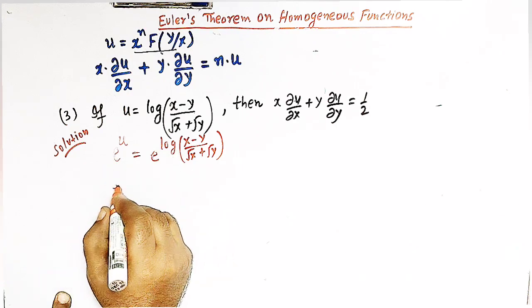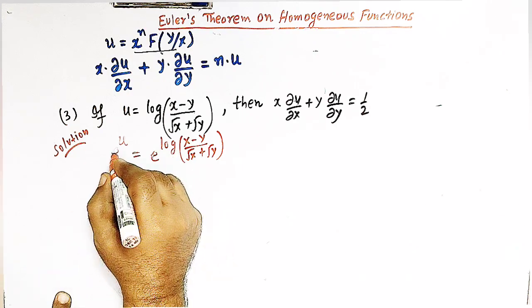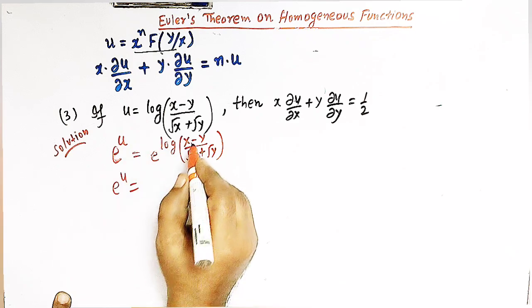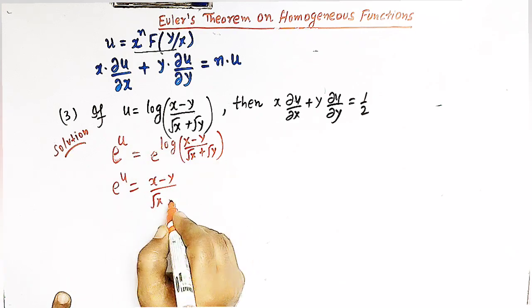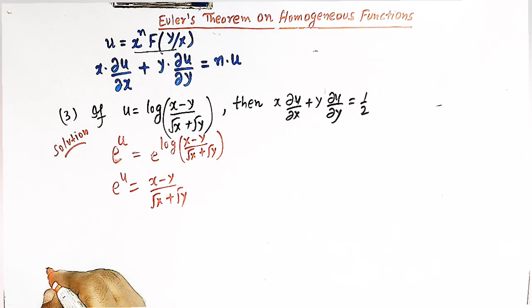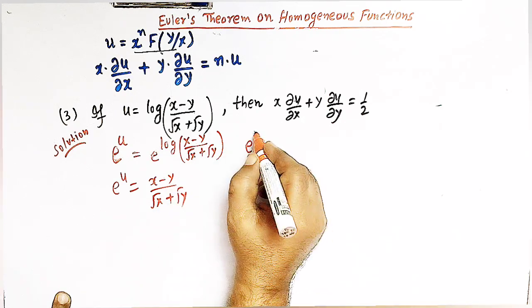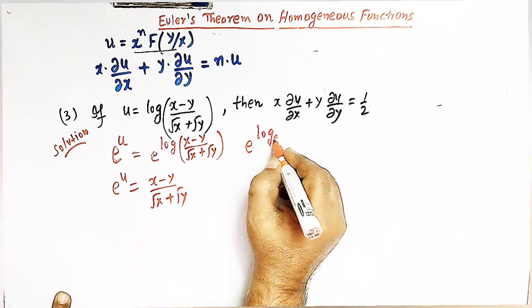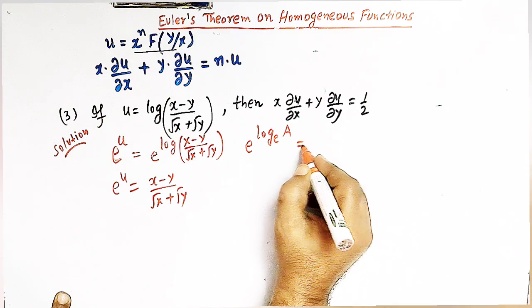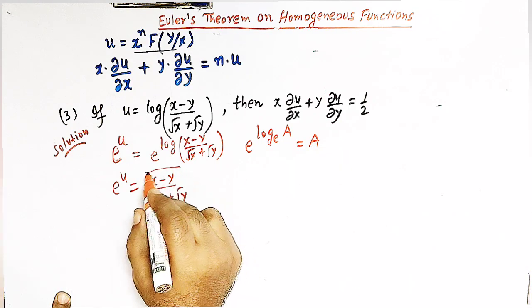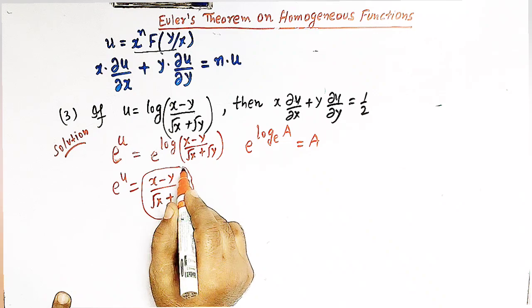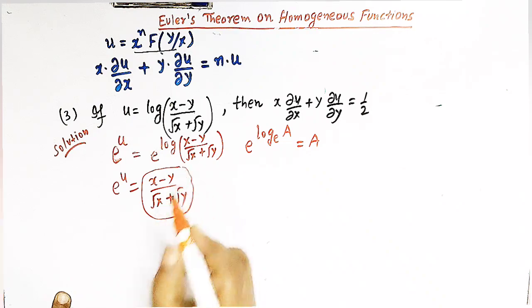So we have e raised to u is equal to x minus y over square root of x plus square root of y, because we know that e raised to log of a is equal to a. So now we have to show that this function is a homogeneous function of degree half.